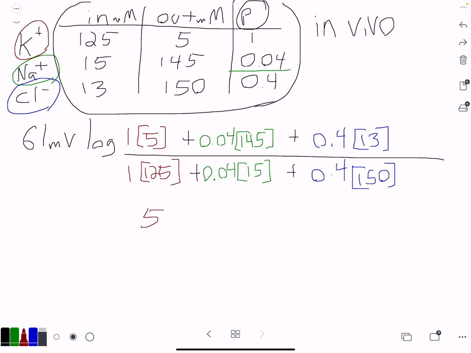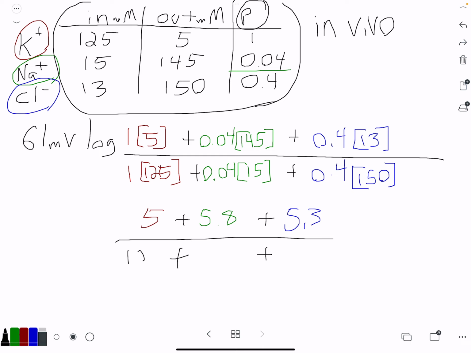So we have 5, and I'll try to keep the colors here. 5 plus 5.8, and 0.4 times 150. 0.4 times 13 is 5.3. 0.04 times 15 is quite small, 0.6.